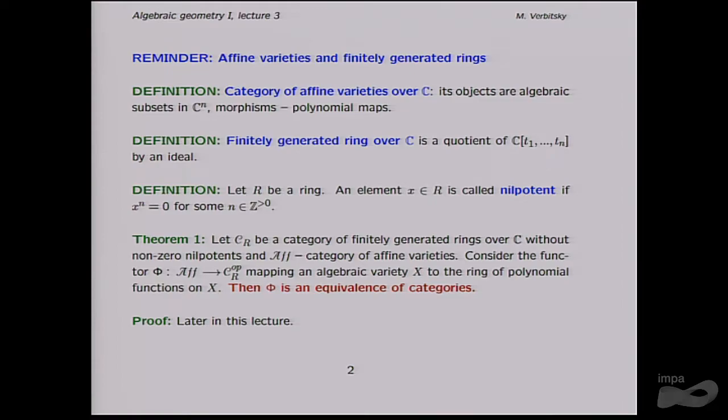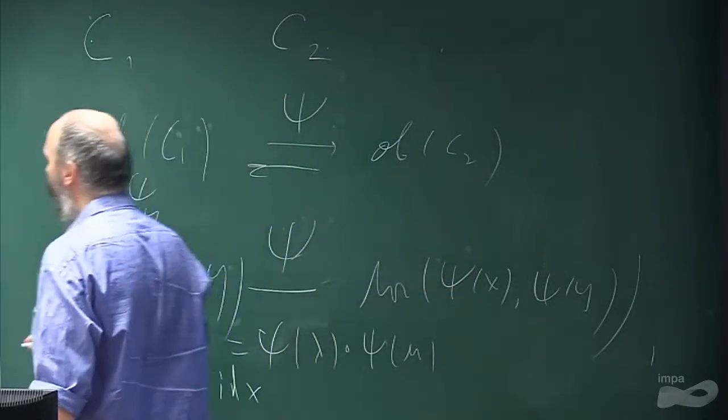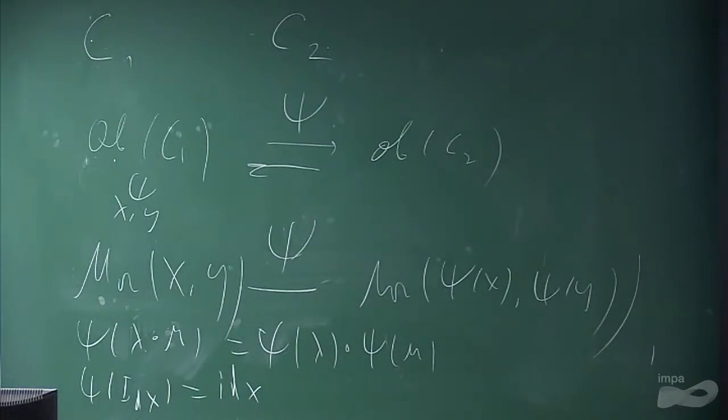This is just a functor, but then you want to have another functor phi, opposite, in such a way that psi times phi of x is isomorphic to x. So this is an isomorphism.